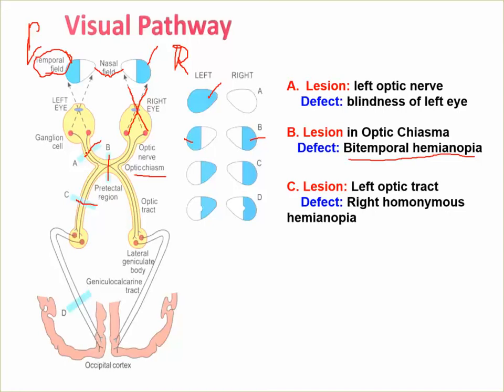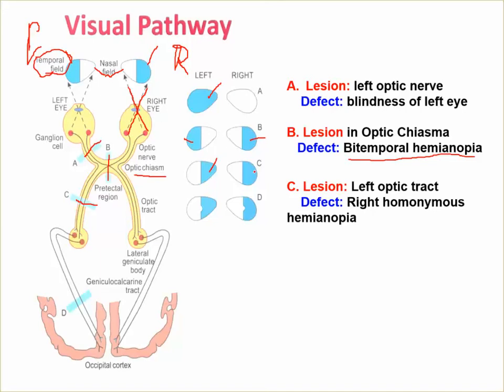The temporal fibers of the left are carrying the nasal field of vision of the left, so that will be lost. So look here, the left side nasal field is lost, and the nasal fibers of the right side were carrying the temporal field of vision of the right side.